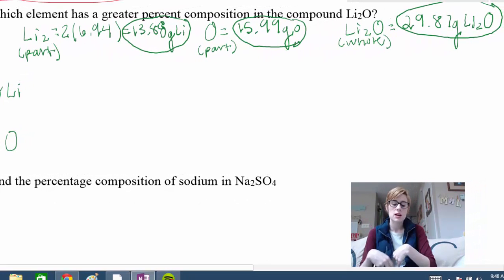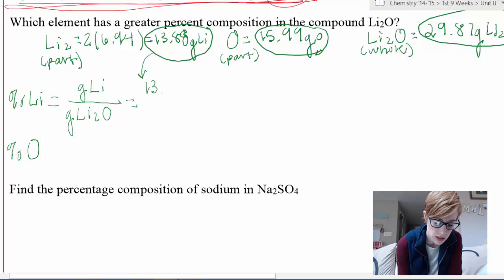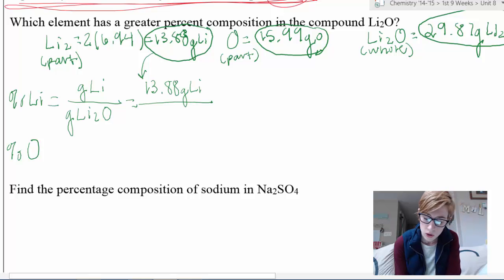Now I'm going to use these numbers to find my percentage. Remember, to find percent of lithium, you need grams of lithium over grams of your whole compound. Grams of lithium is right here, 13.88 grams. My whole compound is right here.